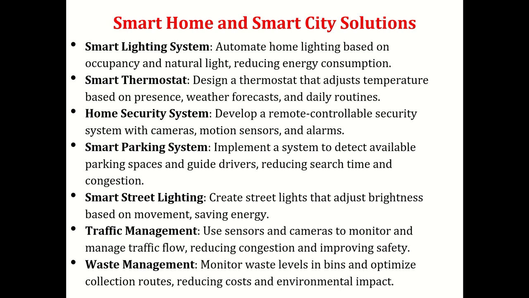Smart street light adjusts the brightness based on movement, so that when people are not walking, maybe after 10 o'clock, it will automatically either reduce the brightness or switch off the lights. Megawatts of power are being wasted because they are not used, so automation can take care of these things.